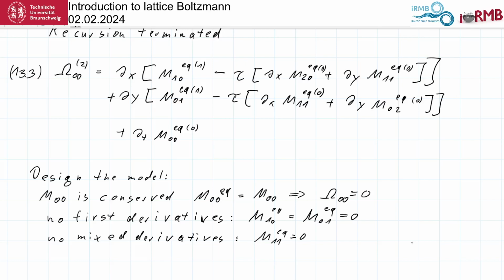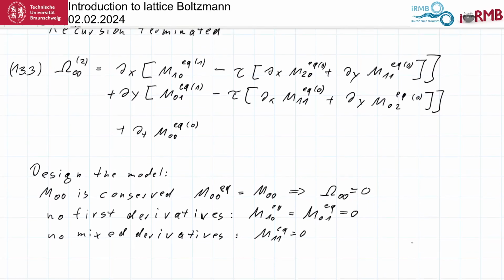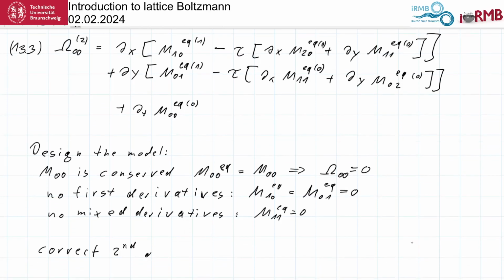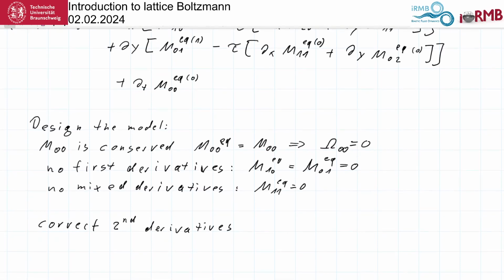Okay, so now we have decided what we don't have. Now we have to decide what we actually have. Namely, we want to have the correct second derivatives. So let's do an ansatz.